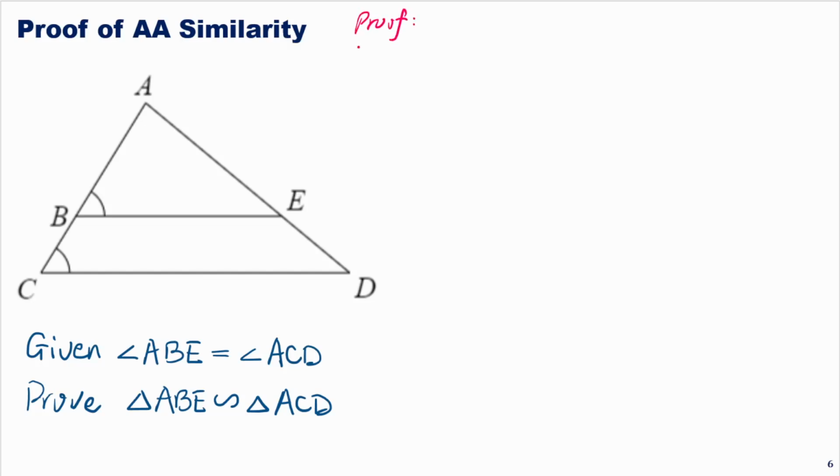So first of all, it's obvious that corresponding angles are equal, right? Because they share the same angle A, and it's given that angle ABE equals angle ACD.